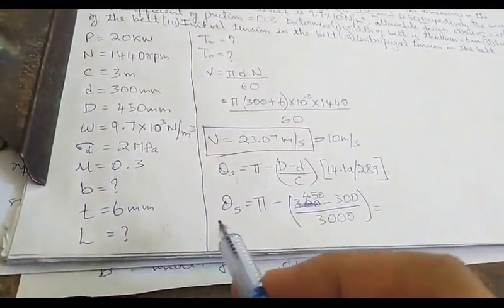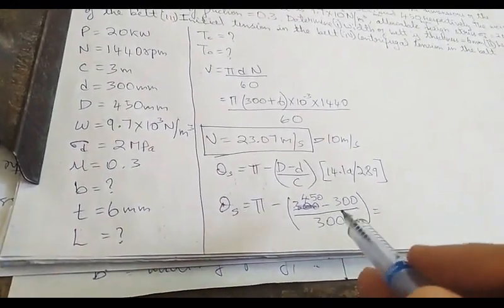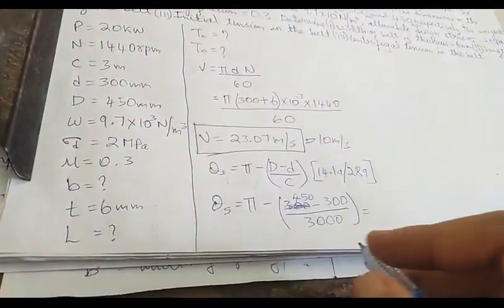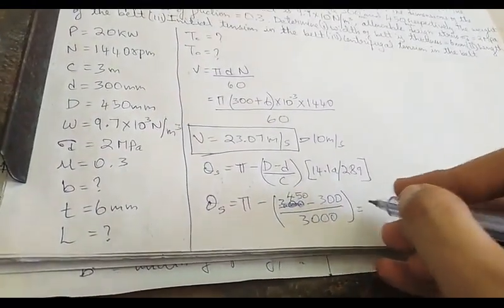So the angle theta in radians is given by 3.09.